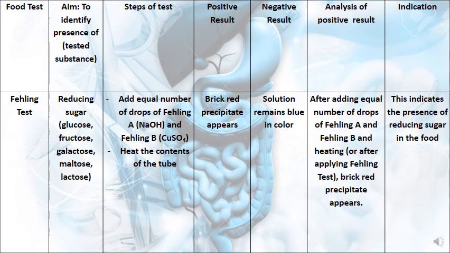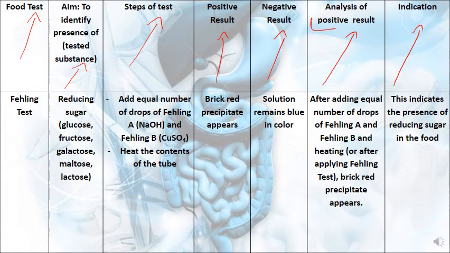Move to this table. Here in this table we have the food tests. This is a summary. The aim for this test, why do we do it? The steps, which is the procedure, positive, negative, analysis, and indication. If we add these two together, it's the interpretation. So the Fehling test is done to identify the reducing sugar.